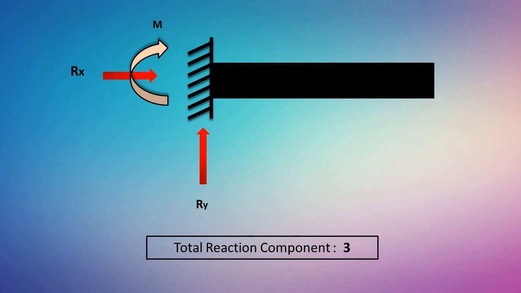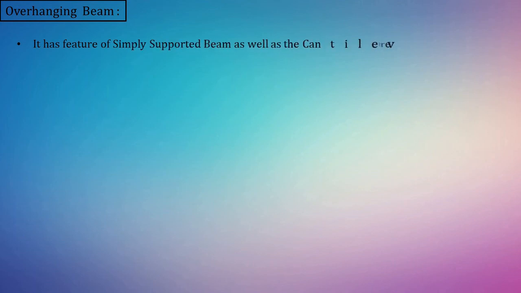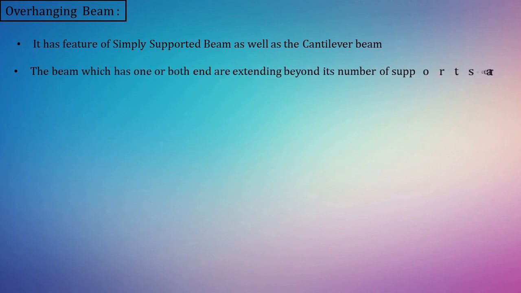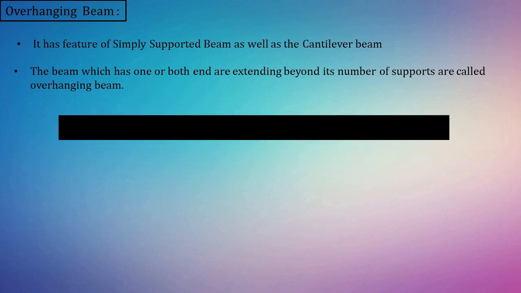Next type of beam is the overhanging beam. It is the beam which has one or both ends extending beyond its supports. Such beams are called overhanging beams. This type of beam has features of both the simply supported beam as well as the cantilever beam.